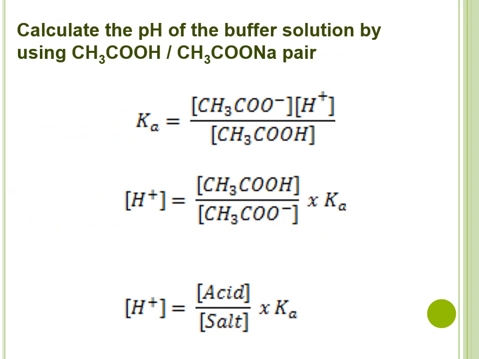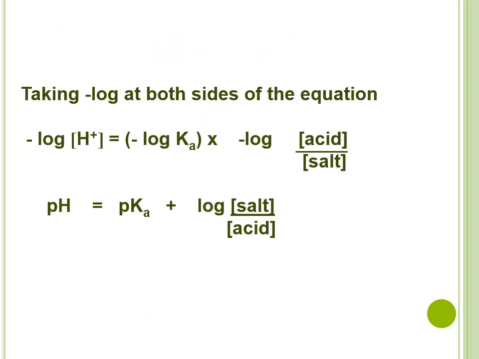Find the Ka for the first equation, and then you move the concentration of H plus to the front as subject, and you're going to get H plus equals concentration of acid divided by concentration of salt multiplied by Ka.